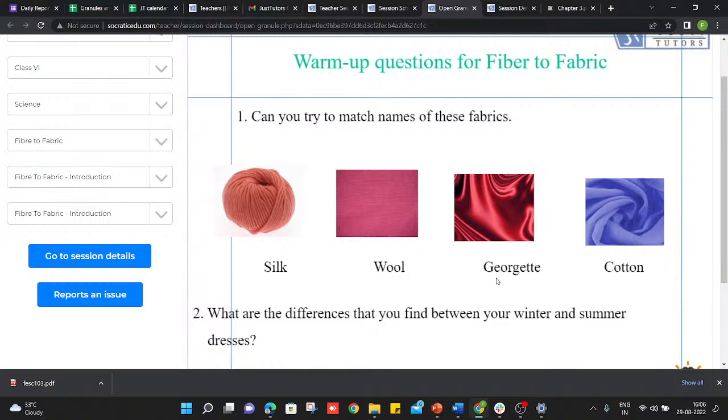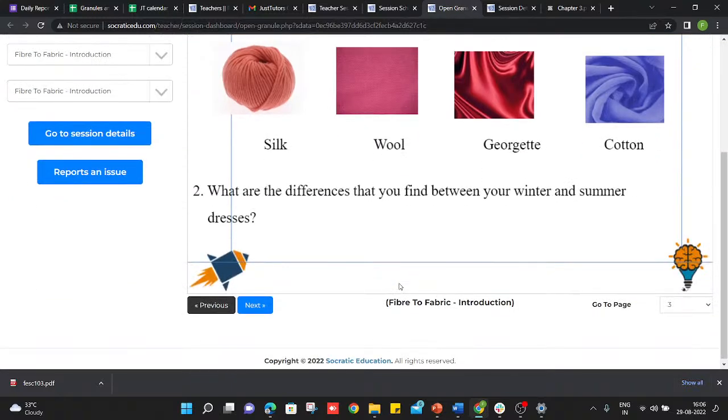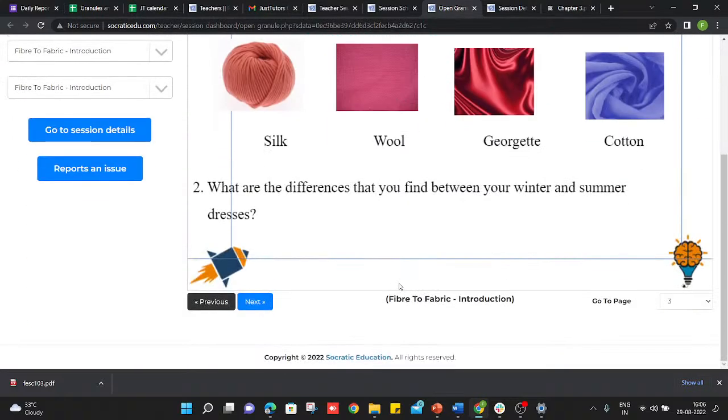Silk, wool, georgette, cotton. So I think this is the wool, this is silk, this is georgette, and this is cotton. And what are the differences that you find between your winter and summer dress? Okay, so this is interesting.